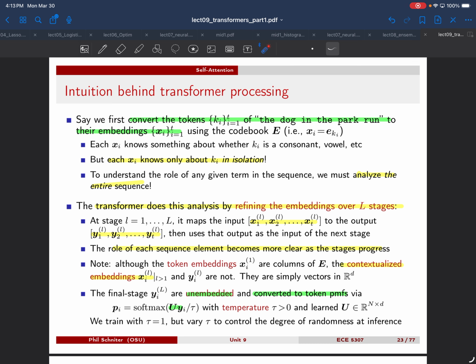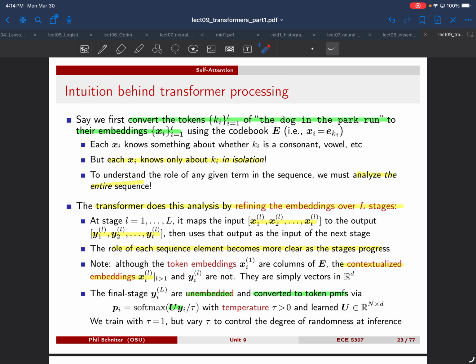So the first time it just starts out with knowledge of each one of these embeddings just on its own in isolation. And then as a first pass, it tries to get a better sense of what all these things mean. And then as a second pass, it tries to get an even better sense, and so on, because it can't do everything immediately in one step. So that's how it works. So there's going to be a total of L stages where the entire sequence is processed.